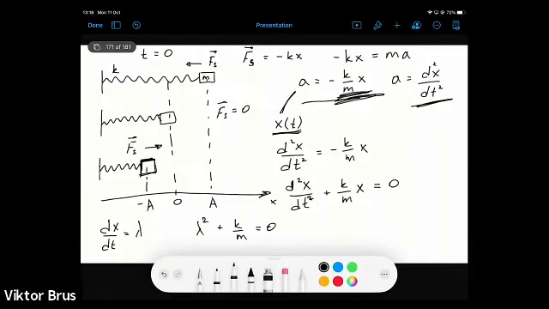If we don't have it, we don't consider it, because here x is kind of the function itself. So we consider only the coefficient next to this function. And then we have the second derivative, lambda squared, plus the coefficient next to the function itself.